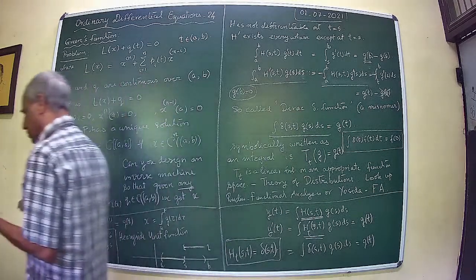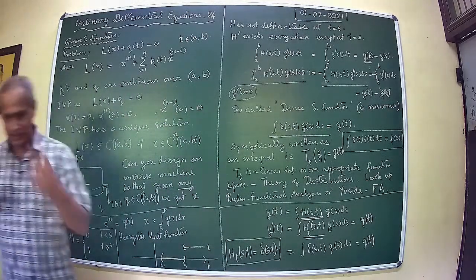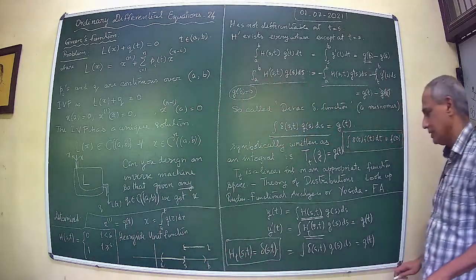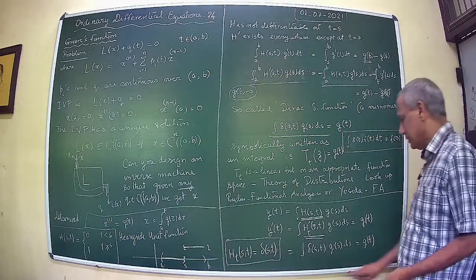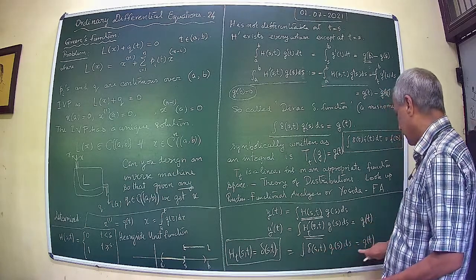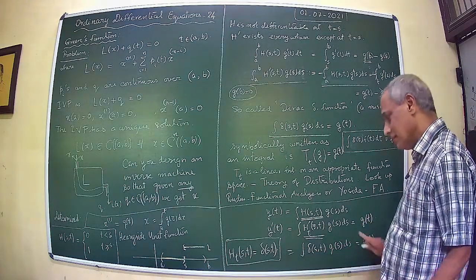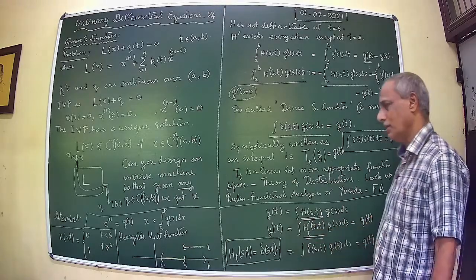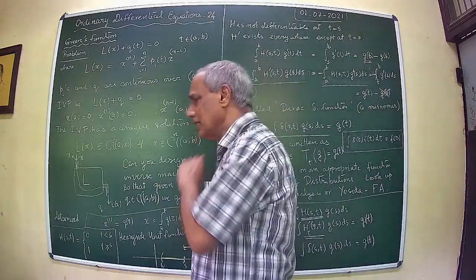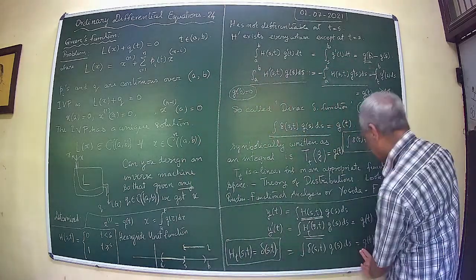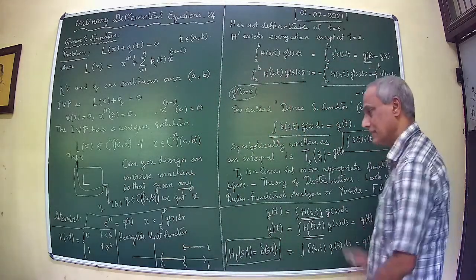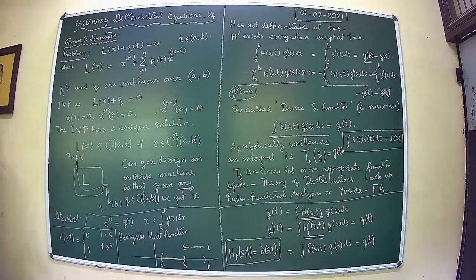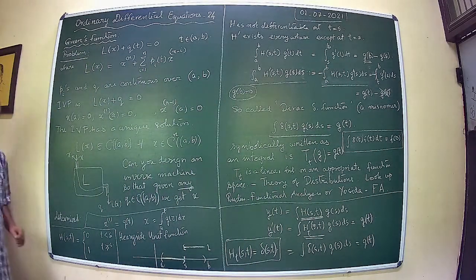And at s equal to t, they defined it as infinity, and by any stretch of imagination and the theories that mathematicians developed, this integral will have to be 0, cannot be g(t). But the property of this particular object, what you call the delta function, is that it picks up the value of g at t. So just keep it in mind. You are going to encounter this in future somewhere, and you would know more about this.